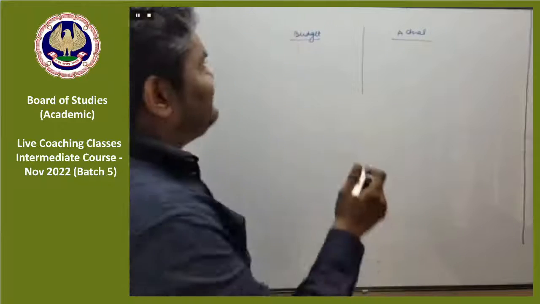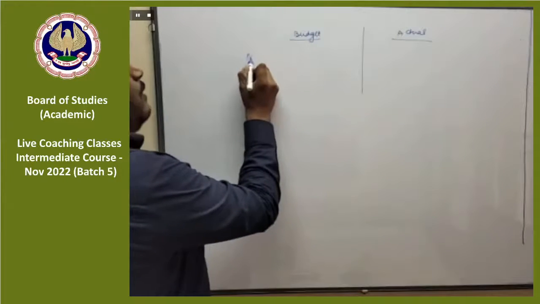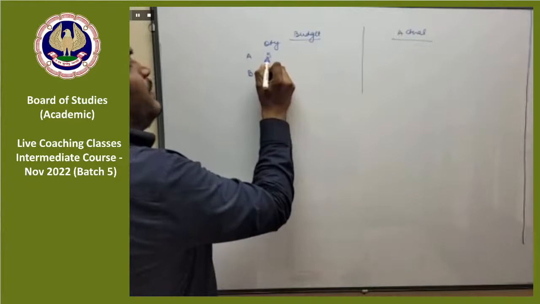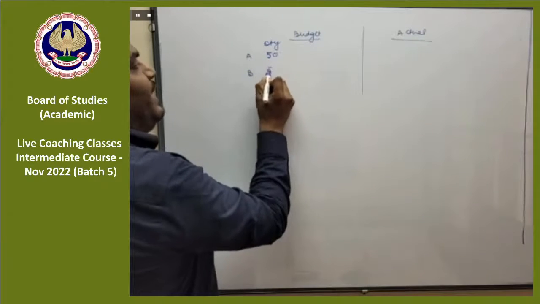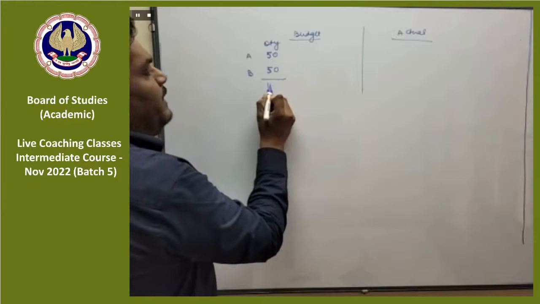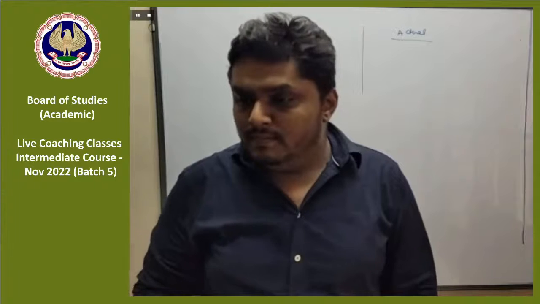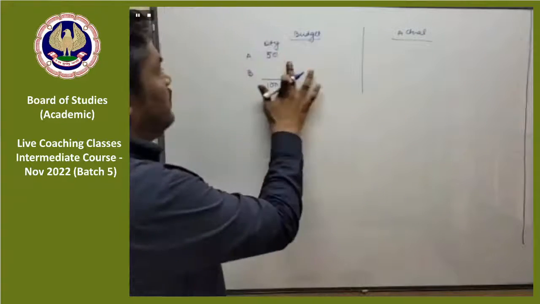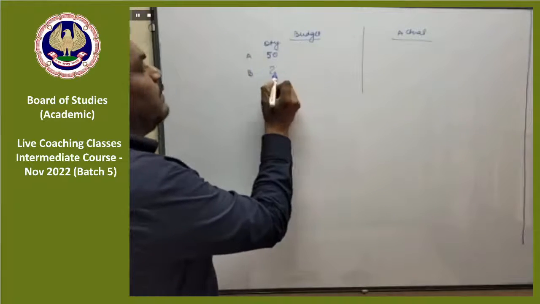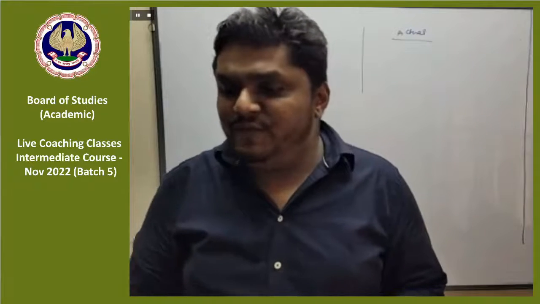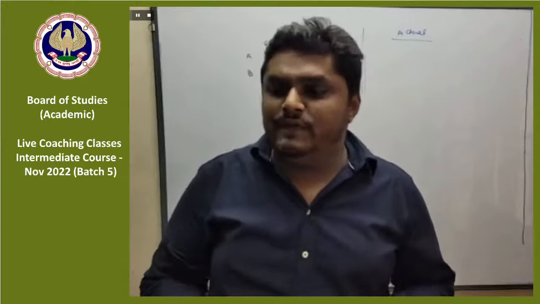There are two types of raw material, A and B. The budgeted quantity of A is given, that is 50, and B is not given.